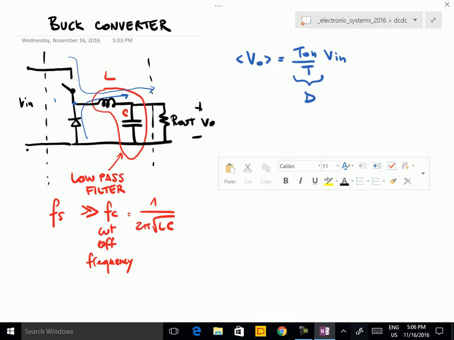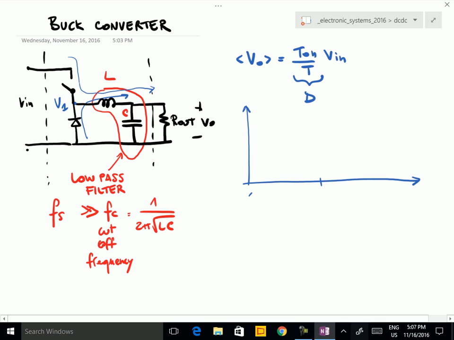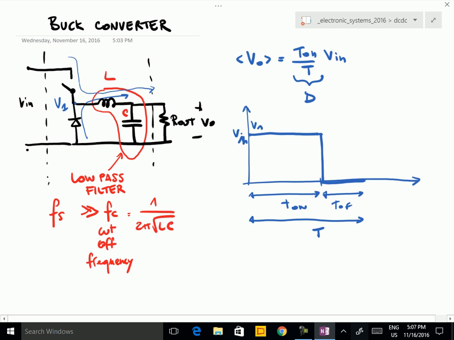Typically what we have is that if I take this voltage here, the voltage here has the same shape that we were discussing before. During T on, V1 is equal to V in, and during T off, assuming that the diode is ideal, V1 is equal to 0. This is T on, T off, and this is T. But the output is after this low pass filter, and therefore we have at the output only the constant component.